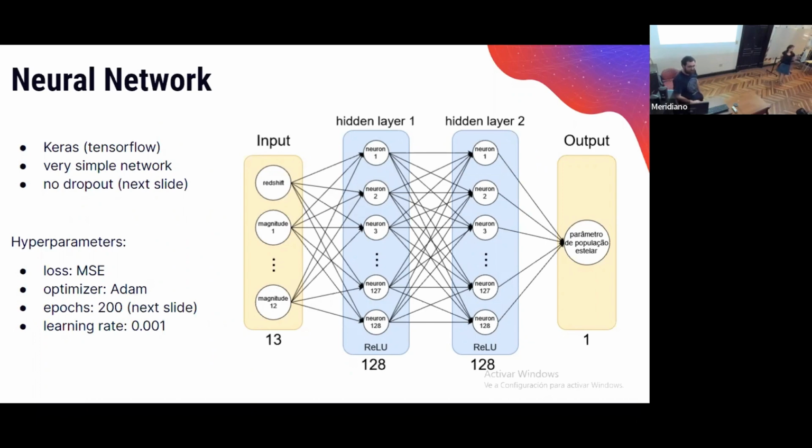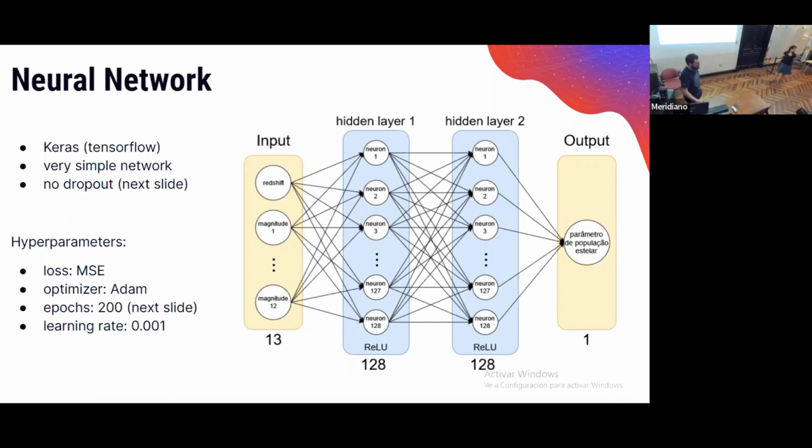Did you try training the neural network with colors, a combination of magnitudes? Yeah, I think this is very common, especially when estimating photometric redshifts in S-PLUS.